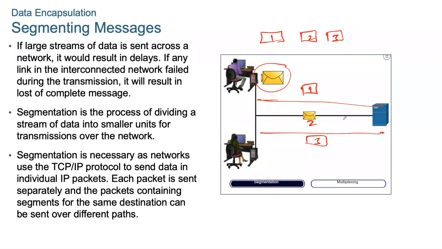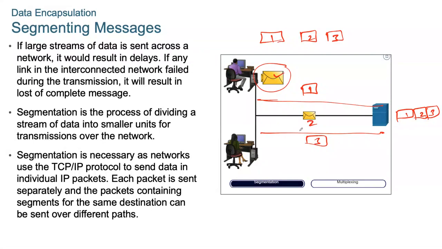When these pieces are received at the destination, they can arrange them in the same sequence, 1, 2 and 3, to generate the original message.